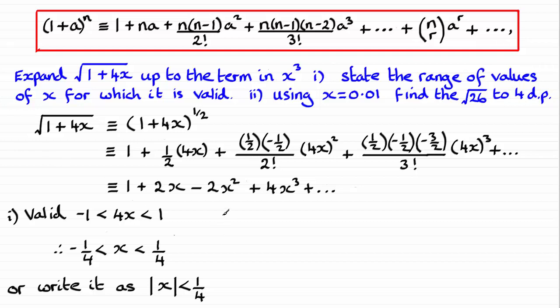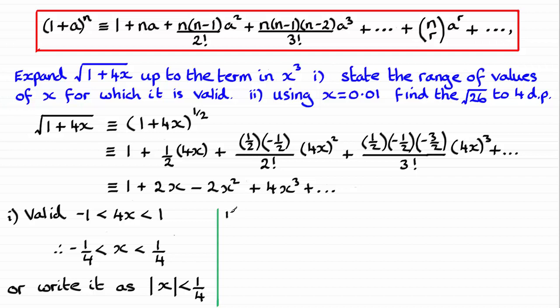This one needs a little bit of pre-work really to appreciate it, because as soon as you put x equals 0.01 into the root of 1 plus 4x, we end up with the square root of 1.04.